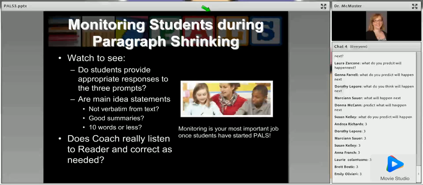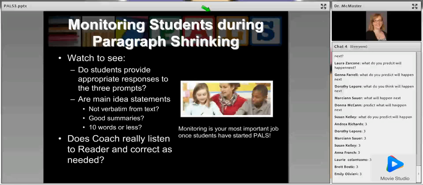That does require you to spend some time listening to them, and usually just a minute or 2 is enough to kind of get the gist of what's happening. Their main idea statements don't have to be perfect, but I would listen for statements that aren't just rereading from the text, because sometimes students will do that. They'll just reread the first sentence of the paragraph. So you want to keep an eye out for that kind of thing.